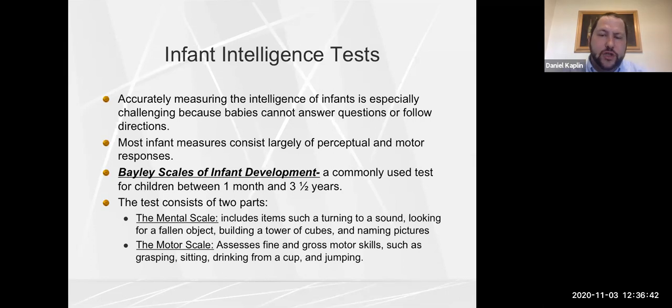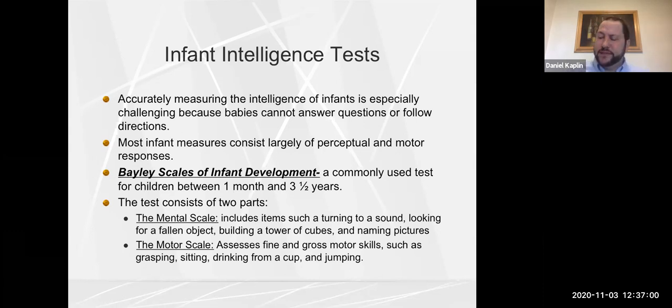Are there any instruments that could measure intelligence earlier than the Stanford Binet and the Wechsler tests? And the answer is yes. The Bayley Scales of Infant Development is a very commonly used infant intelligence test.